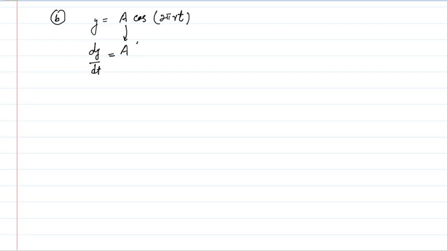So first we will write 2 pi nu, suppose this is constant, cos will change into sine but negative. From the formula you can see, and 2 pi nu.